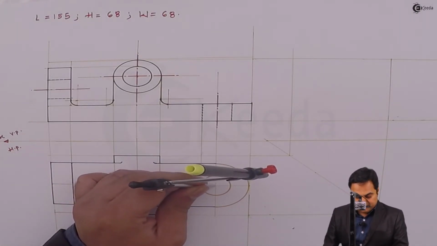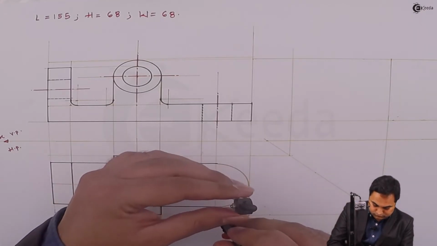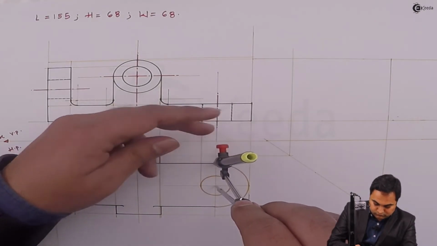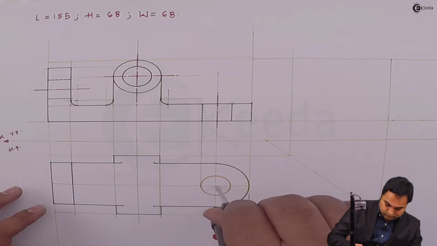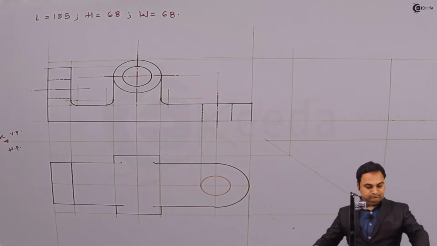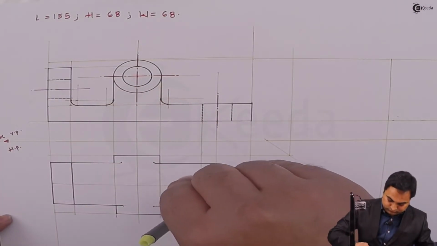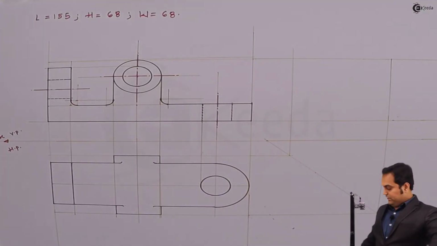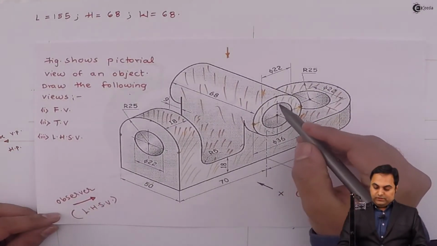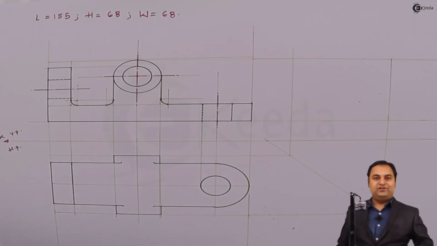Making the semicircle and the inner circle also dark. Next, when we are looking from top, there is a circle inside the cylinder that can be projected directly from the front view.